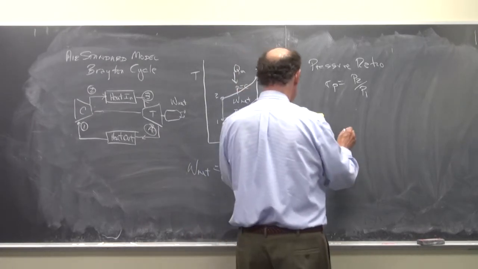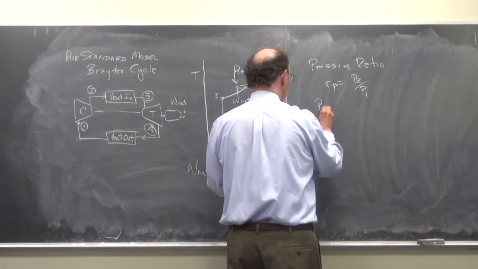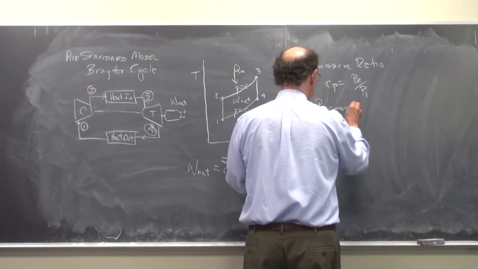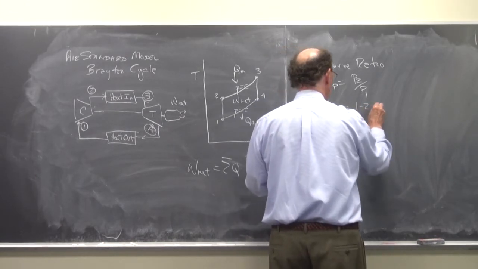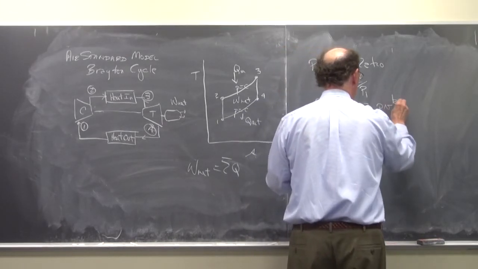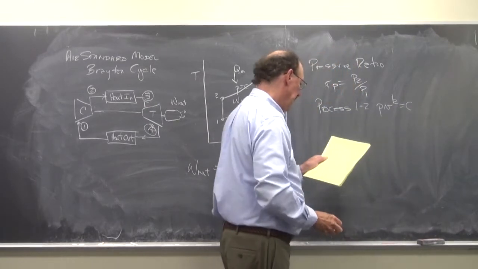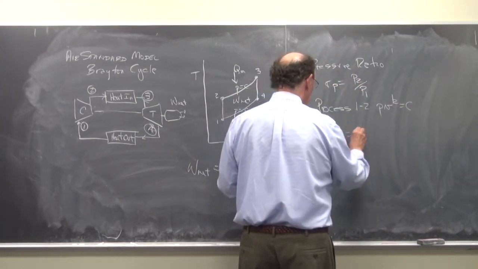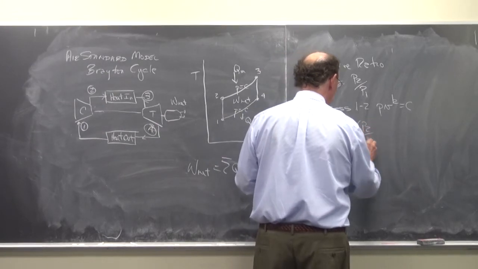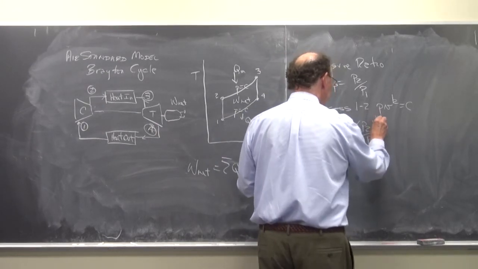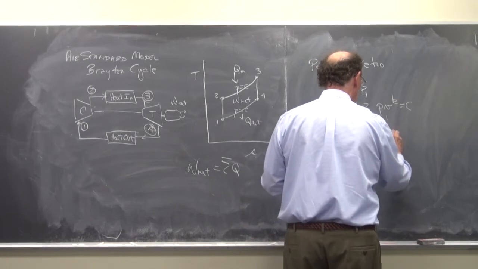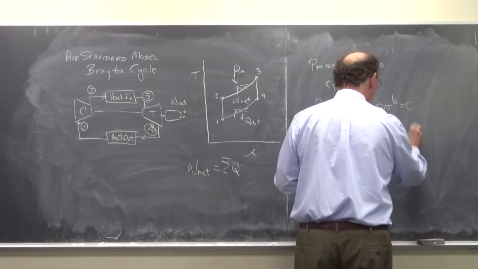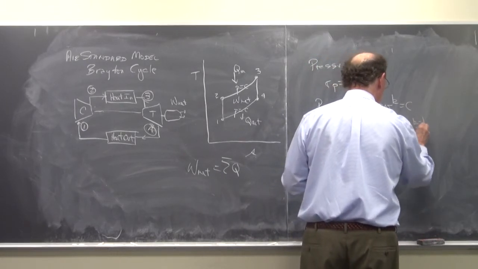In the process, 1 to 2 is reversible adiabatic. And so we have that T2 over T1 is P2 over P1 to the (K minus 1) over K, which is equal to R sub P to the (K minus 1) over K.